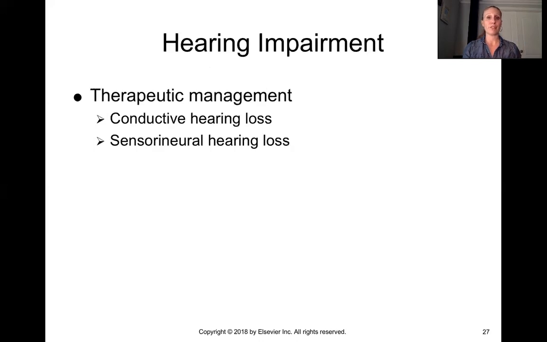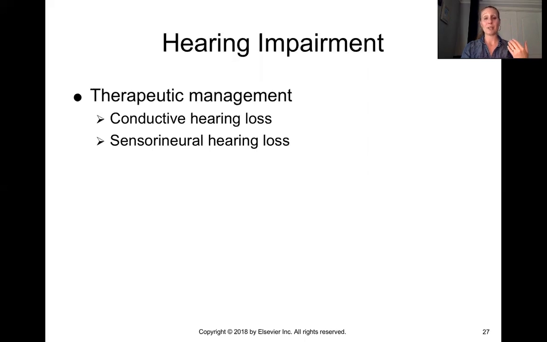So what are we going to do for these hearing losses? Well, we already kind of talked about this from a conductive hearing loss perspective. We're going to fit the child for hearing aids. The other thing that we might want to look at real quick is wax. Is there waxy buildup in the ear that's causing that hearing loss? Typically if they're going to a specialist, they've already gone past that point.